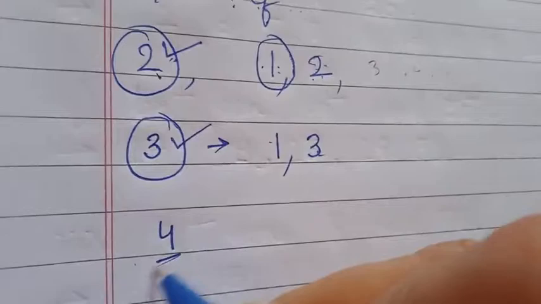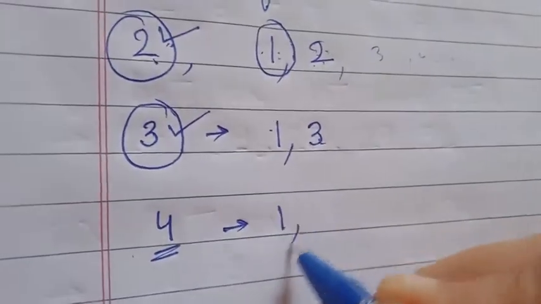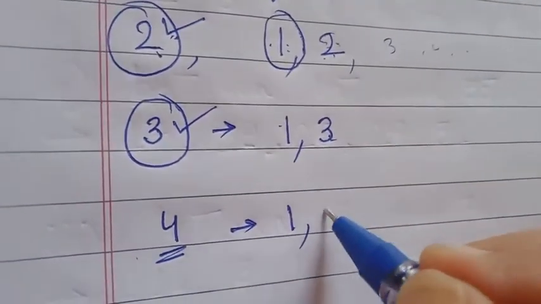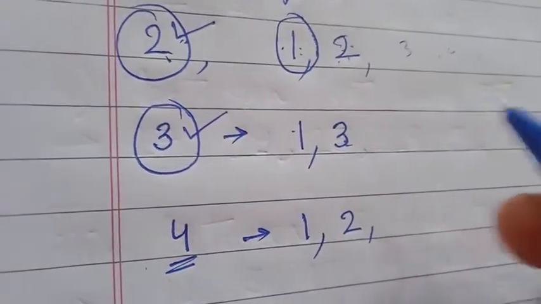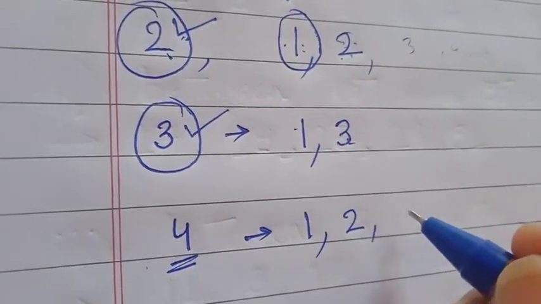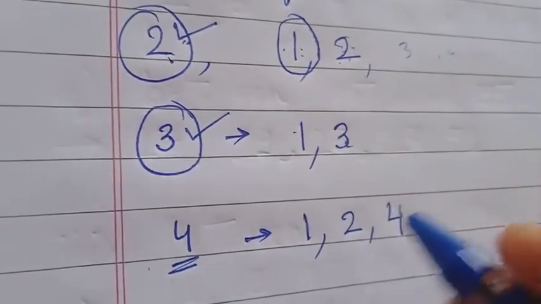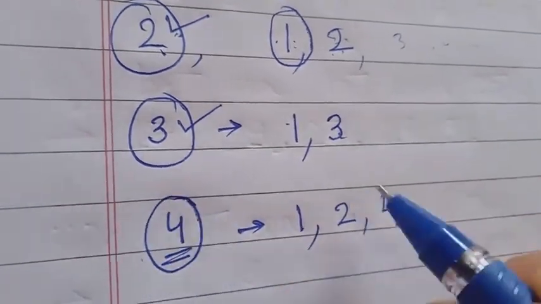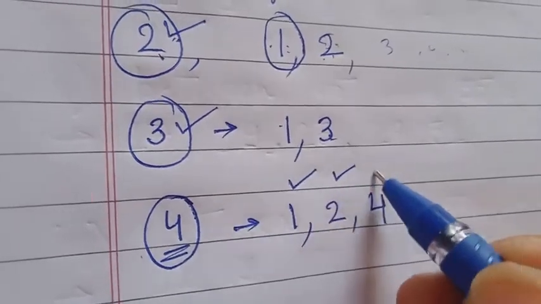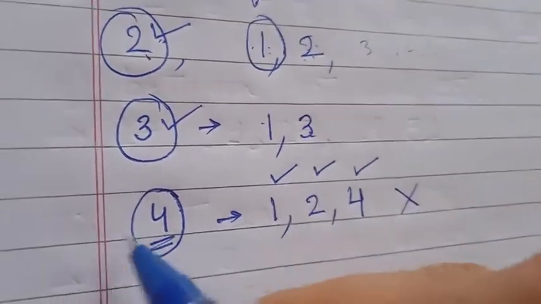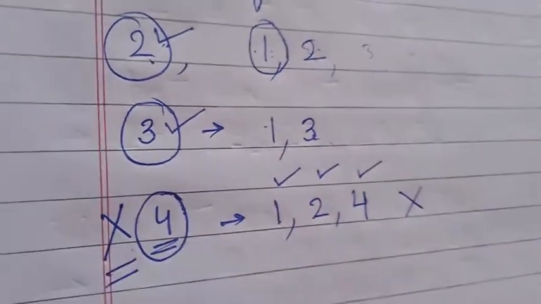But let us see 4. 4 comes in 1's table, 1 4s are 4, 2's table, 2 2s are 4. 3's table it is not coming, but 4's table it is coming. So 4 is coming in 1's table, 2's table and 4's table. So we say that 4 is not a prime number.